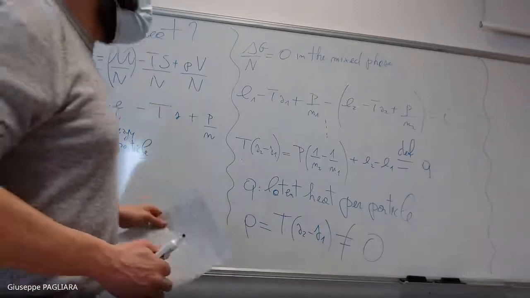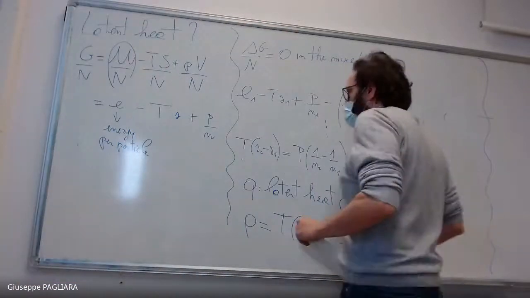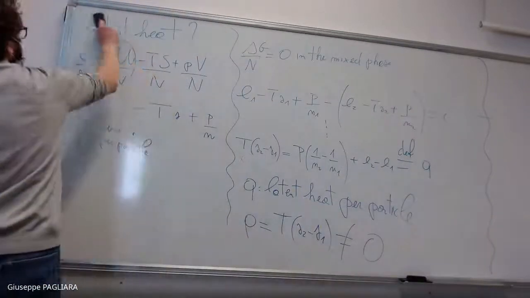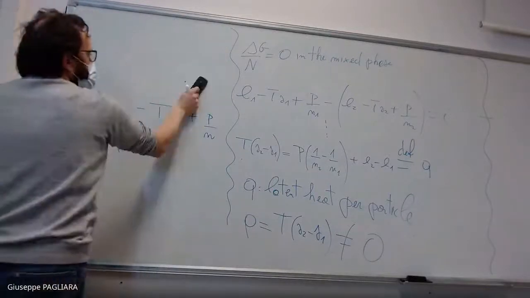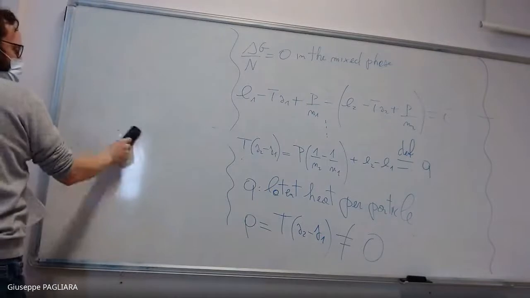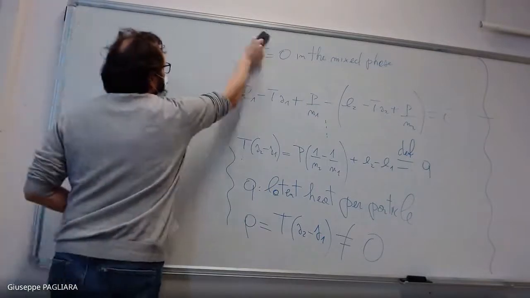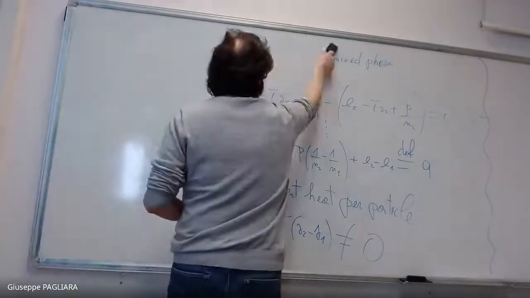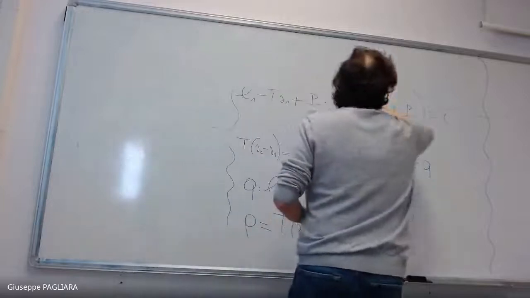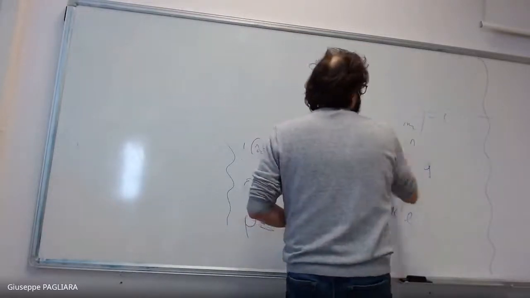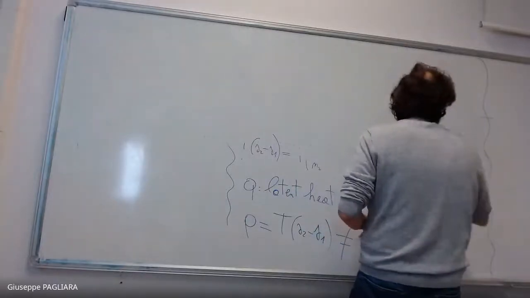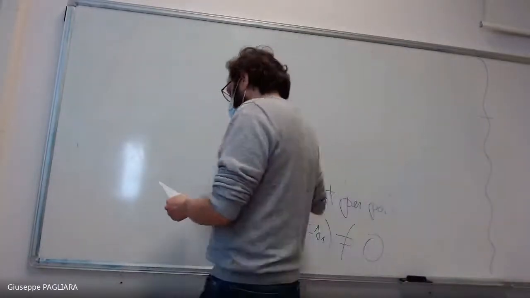Okay, from this equation, you can derive what is called the Clapeyron equation, which then allows us to determine also the shape of the first order phase transition line for the liquid gas phase transition.